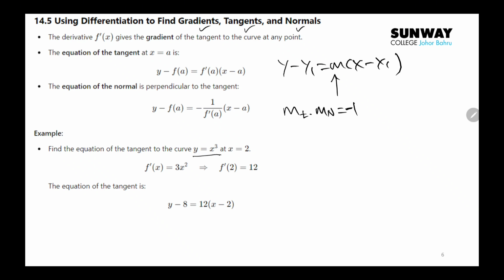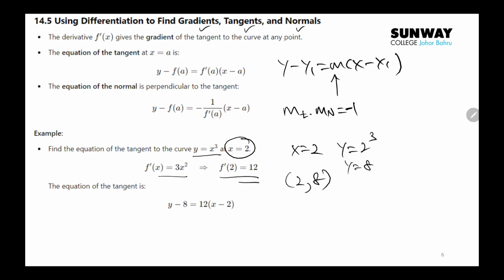In this example, we are talking about a curve y equals x to the power of 3. Evaluate the derivative, you will be able to get 3x to the power of 2. Substitute the value of x equals 2, you will get f prime 2 equals 12. The point is, when x equals 2, y equals 2 to the power of 3, which is 8.